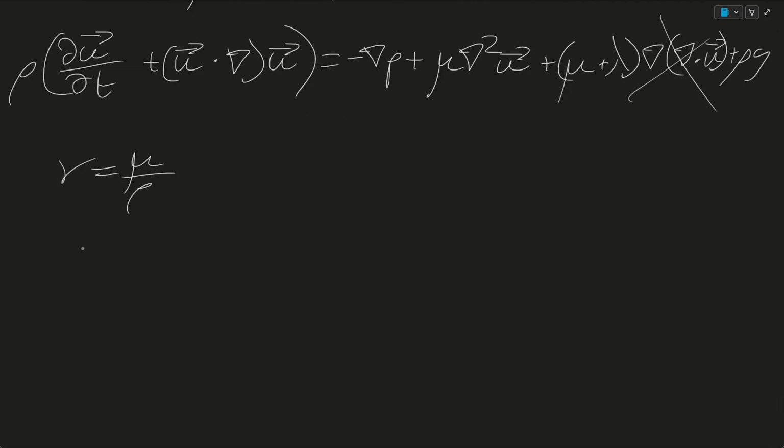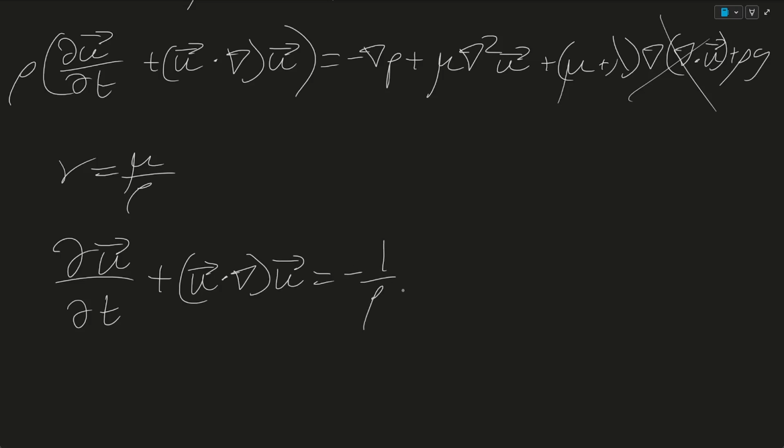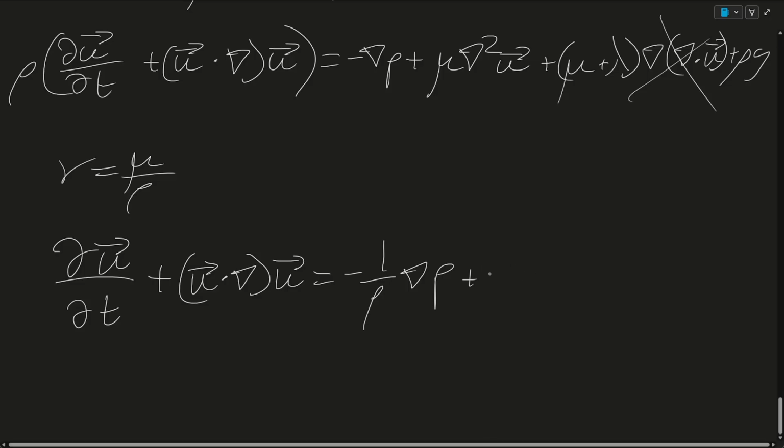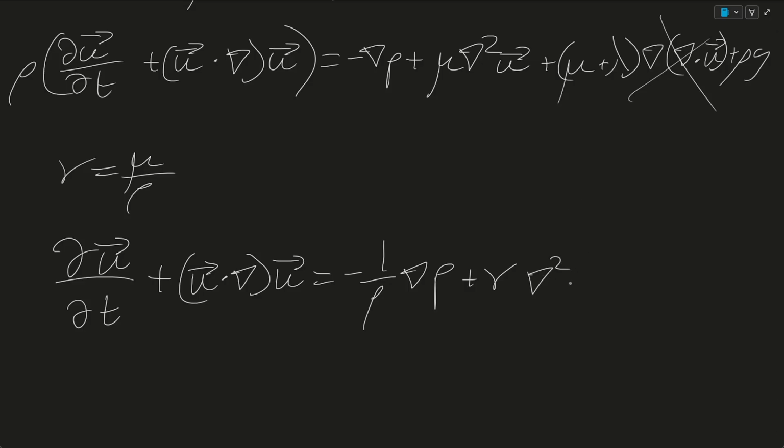We can sub that in, and we end up with our standard form, which is the time derivative of the velocity field plus the velocity dot del times the velocity field is equal to minus 1 over rho del p plus nu, or rather our kinematic viscosity, times the Laplacian times our field.